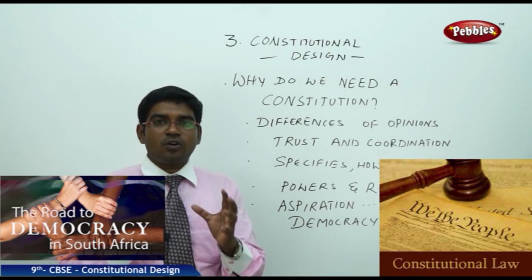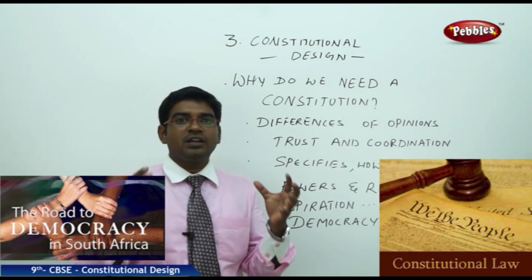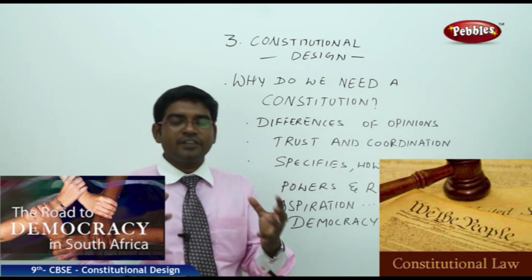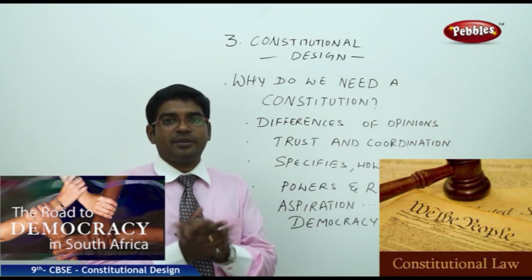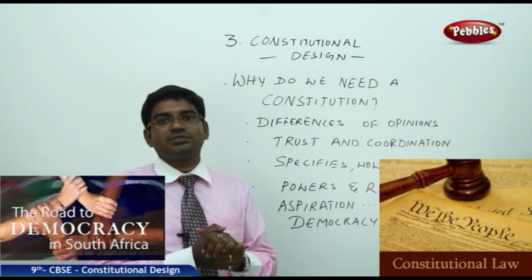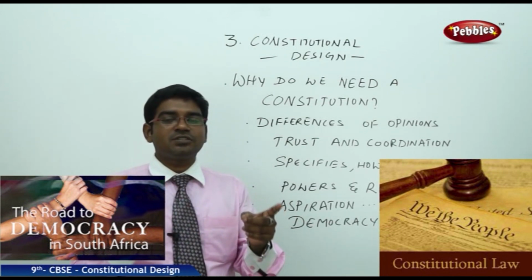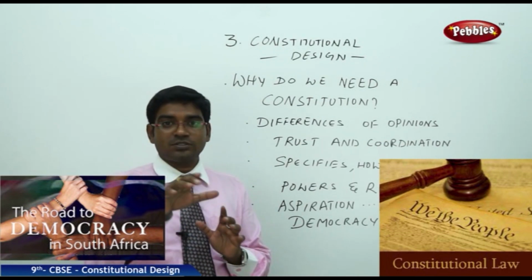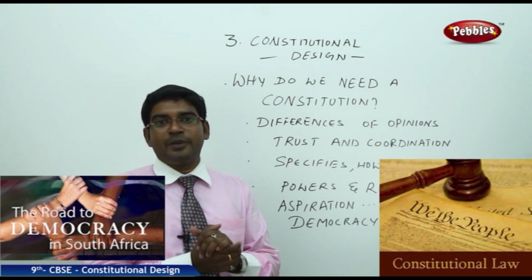The constitutional book builds trust among people of different communities and different regional backgrounds. All together it brings them into a uniformity that we are all guided by the same rules and regulations, which also builds coordination between the people, because anyone who violates the rules is liable for punishment.